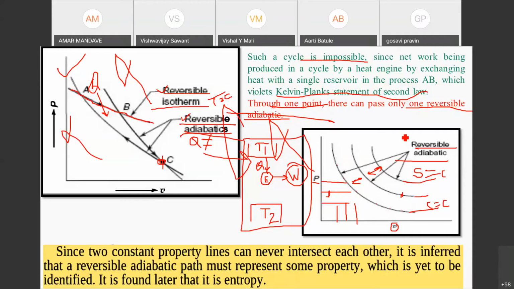So for the fourth process that we already studied, we can say it should be a reversible adiabatic process or isentropic process. Like this, from the second law of thermodynamics, we get another property of a system, which is known as the entropy of a system.